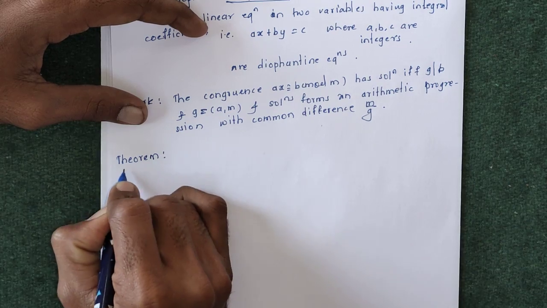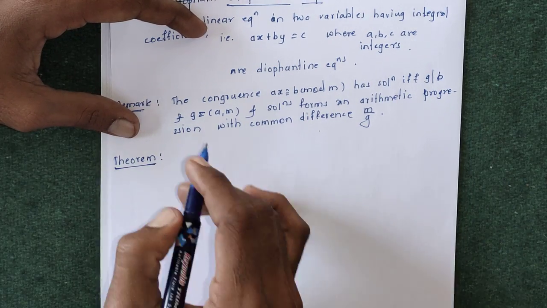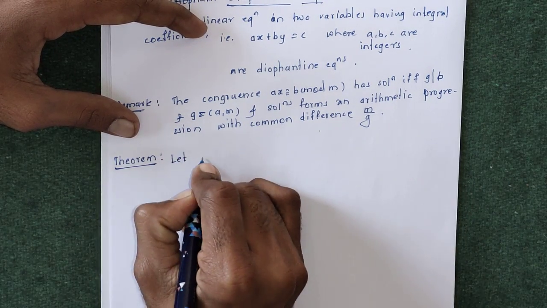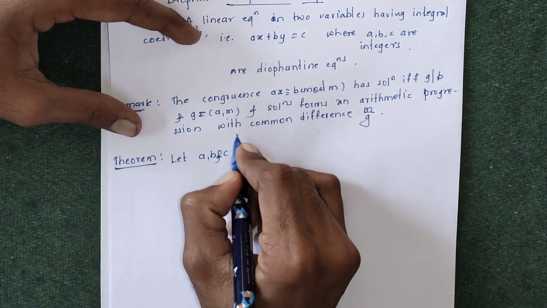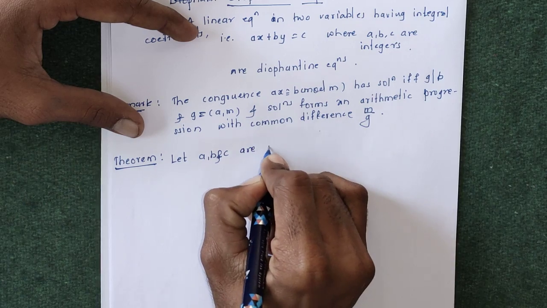The statement of the next theorem is: let a, b and c be integers.